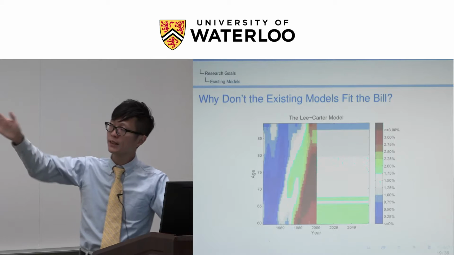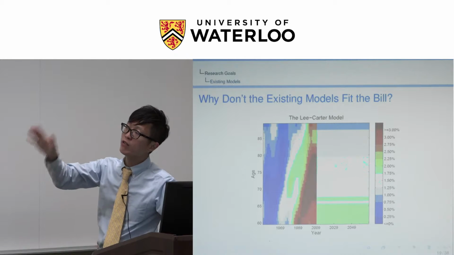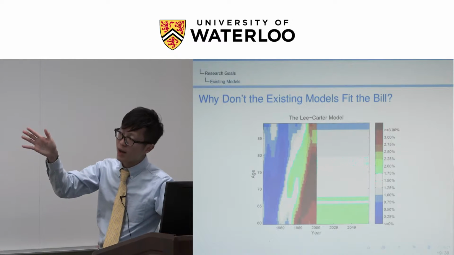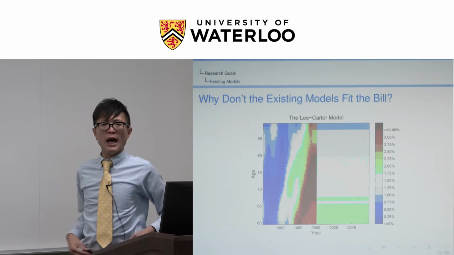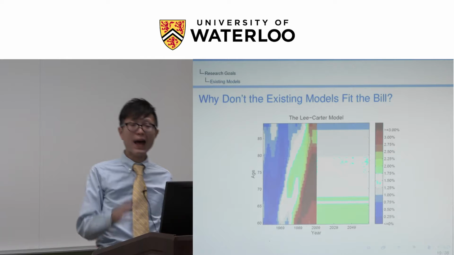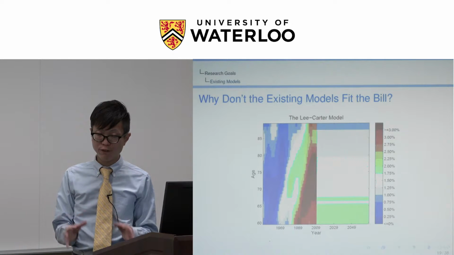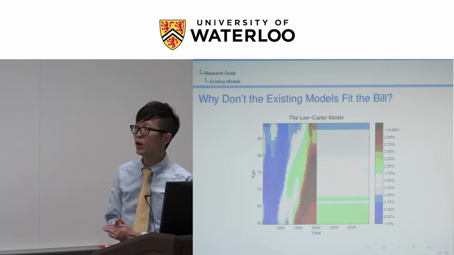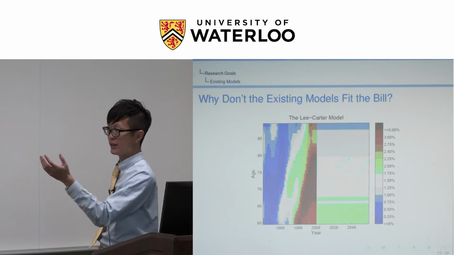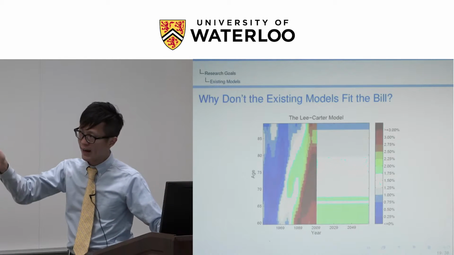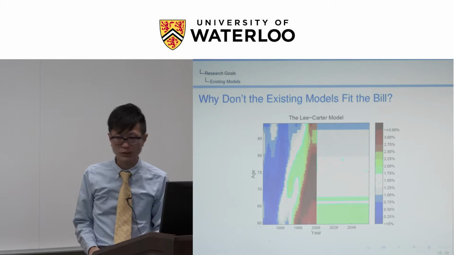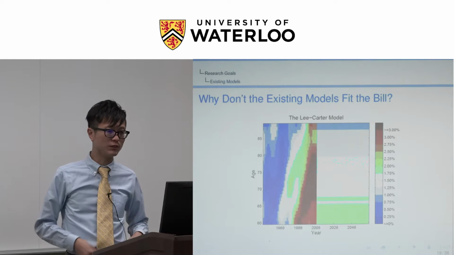We see that the projected rates shown on the right-hand side of this diagram do not extend naturally from the historical rates, and because the Lee-Carter model has no cohort effect term, it does not capture any diagonal pattern, and in fact, it only captures variations along the age dimension, but not the time dimension.